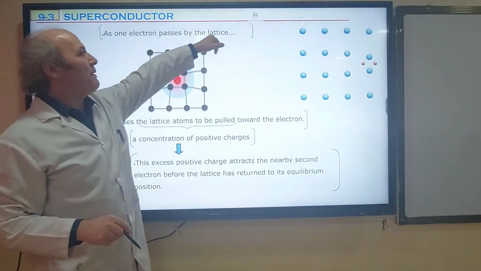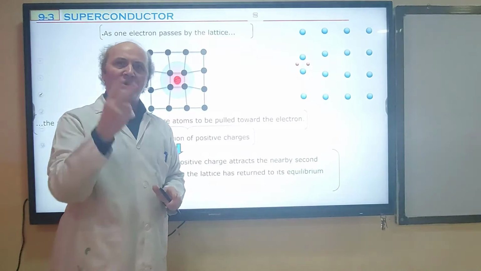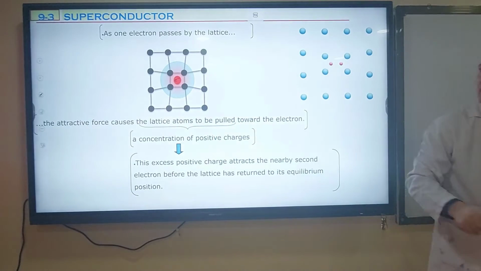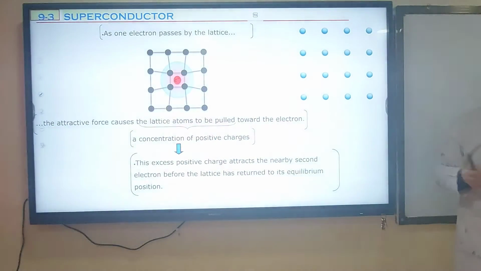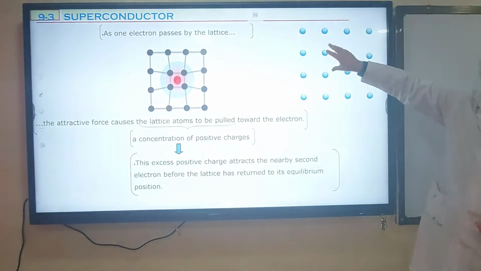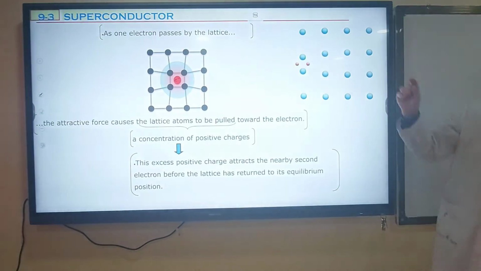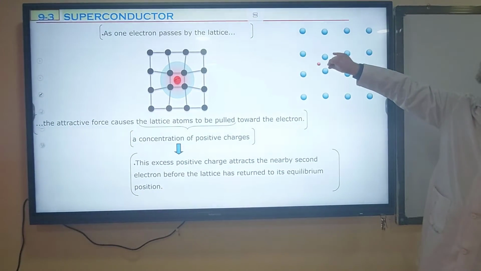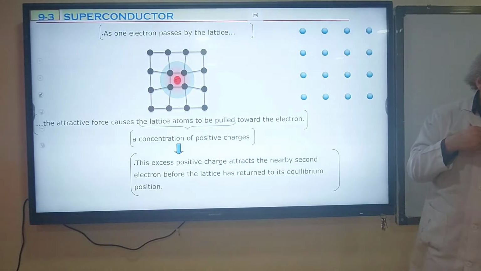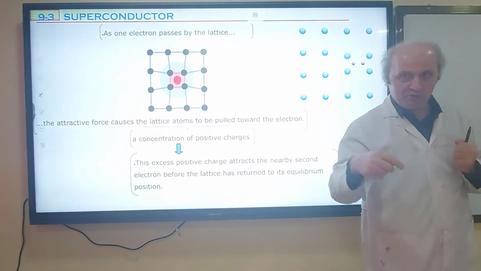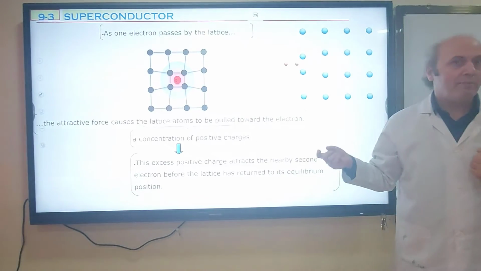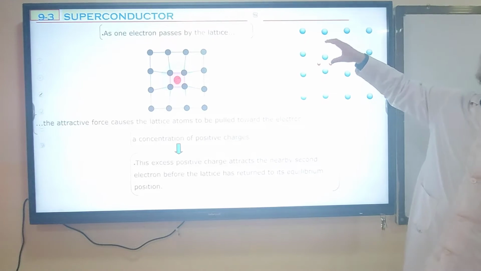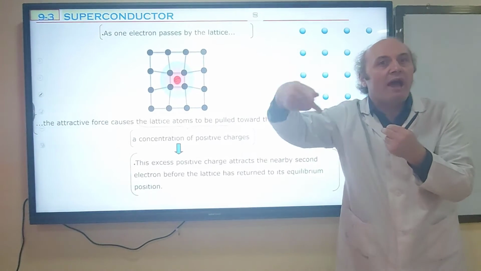Cooper pairs are two electrons. Look at this simulation. As this Cooper pair passes through the lattice, the atoms are approaching them. The first electron pulls the lattice towards itself and loses some momentum, but there is one more electron at the back. After the first electron passes by the lattice, the lattice pulls the electron which is behind.